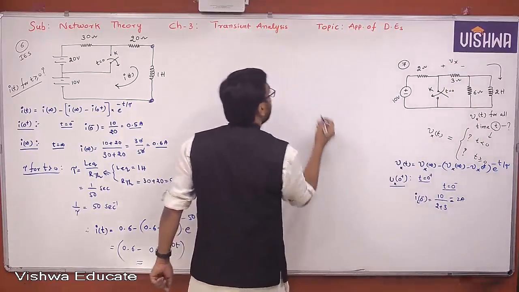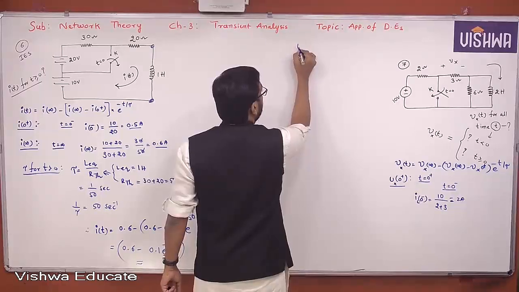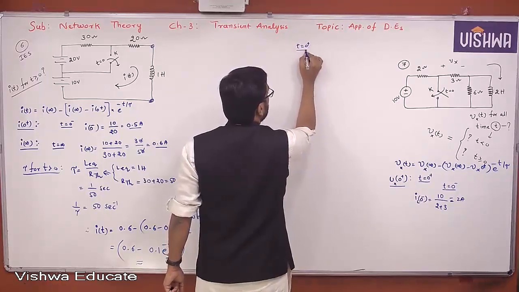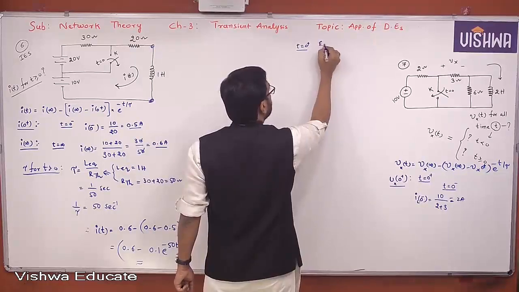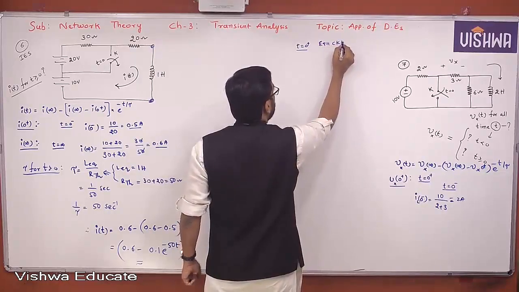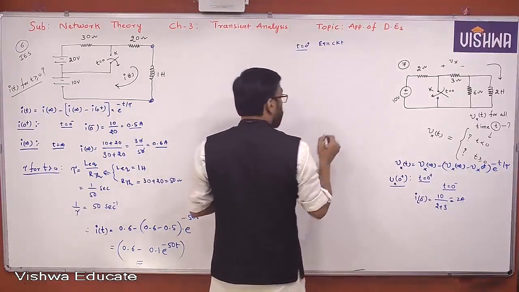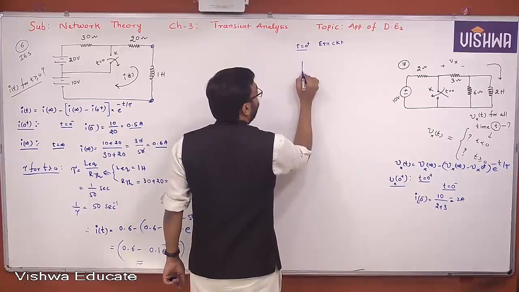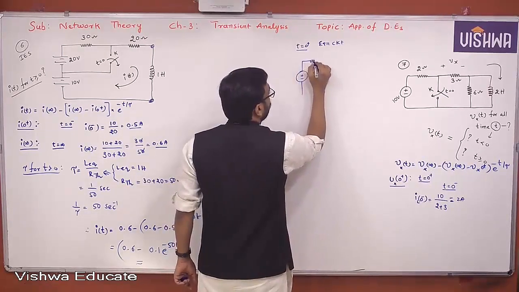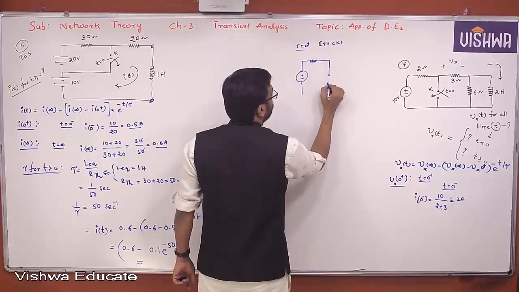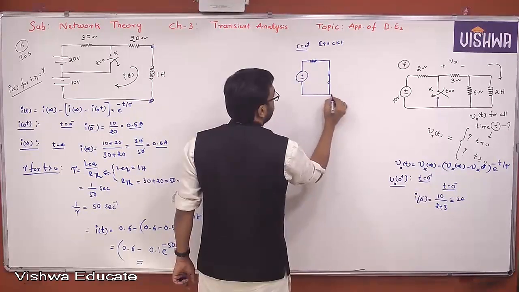So for that, let's draw the t equal to 0 plus equivalent circuit. 10 volt, 2 ohm, shorted, yes or no? Switch is closed.